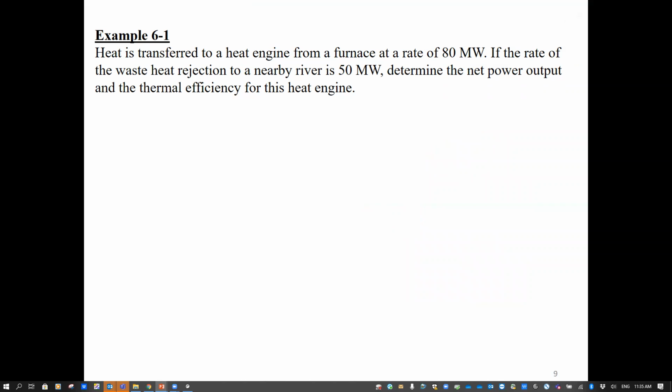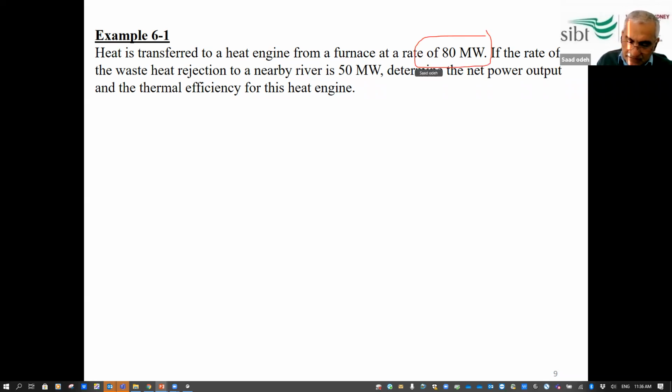Okay. So just quickly, this is an example on a power plant. Heat is transferred to a heat engine from a furnace at a rate of 80 megawatts. So I have a furnace.